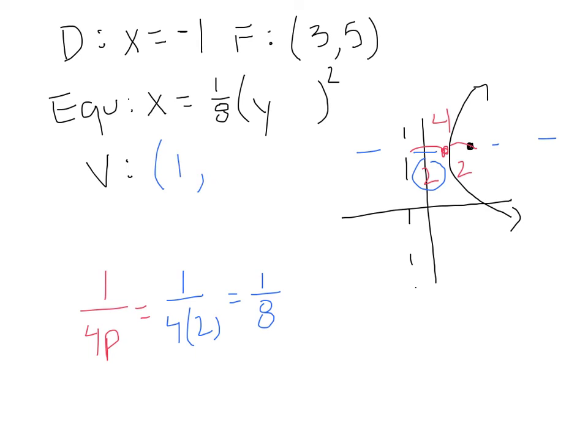And since it's on that same horizontal line, it will have the same y value as the focus. So our vertex is at the point 1, 5. And we can fill this into our equation. We know that it's y minus k, so y minus 5, plus h, so plus 1. And the reason we're using that equation is because it's a horizontal parabola.